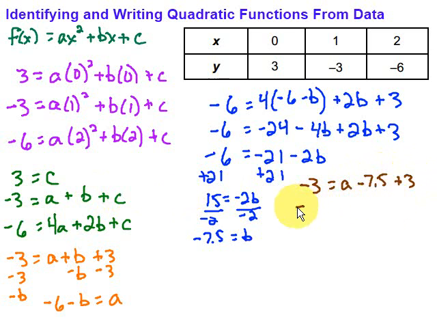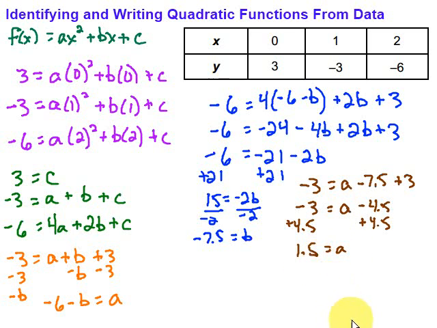Then I can combine this stuff, and negative 7.5 plus 3 would be negative 4.5. So minus 4.5. Then we're going to add 4.5 to both sides. And we end up with a is equal to positive 1.5.